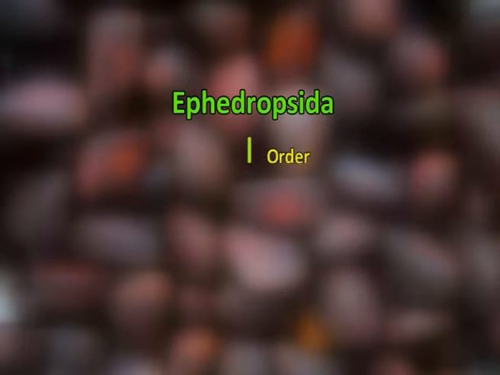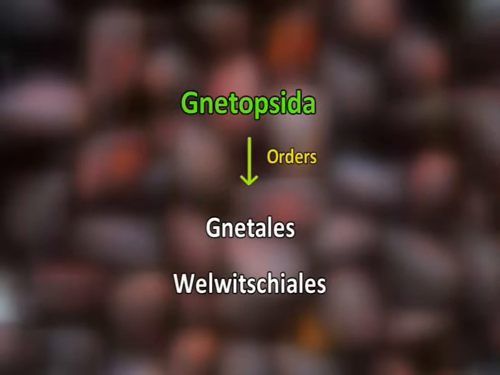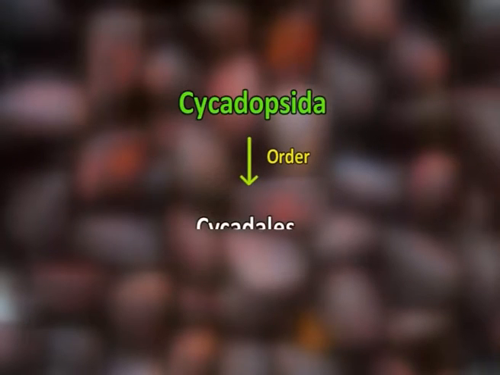Taxales. Ephedropsida was divided into a single order, Ephedrales. Class Gnetopsida was divided into 2 orders, Gnetales and Welwitschiales, while the class Cycadopsida includes a single order, Cycadales.